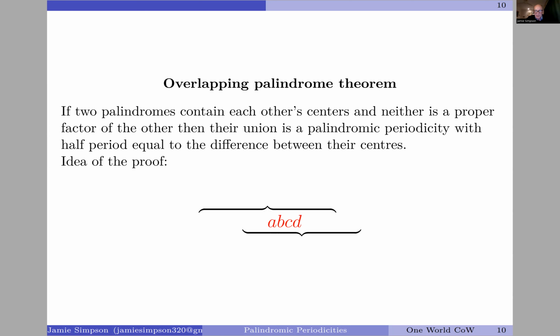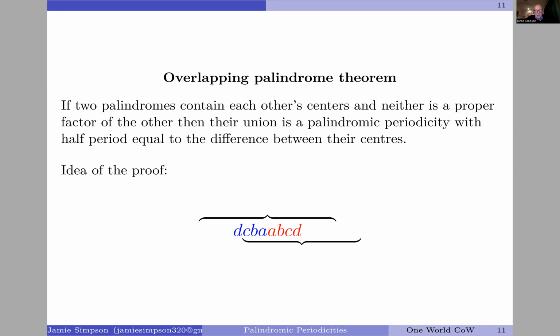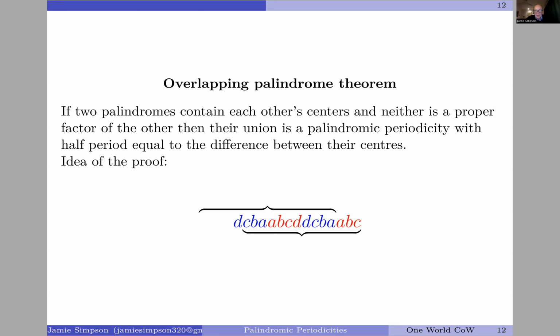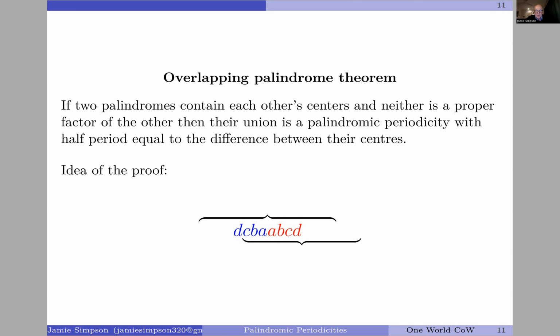So we get this, which is starting to look like it's a palindromic periodicity already. That thing, or at least the CBA ABCD part, is now reflected in the bottom palindrome, and then part of that's reflected again in the top one.